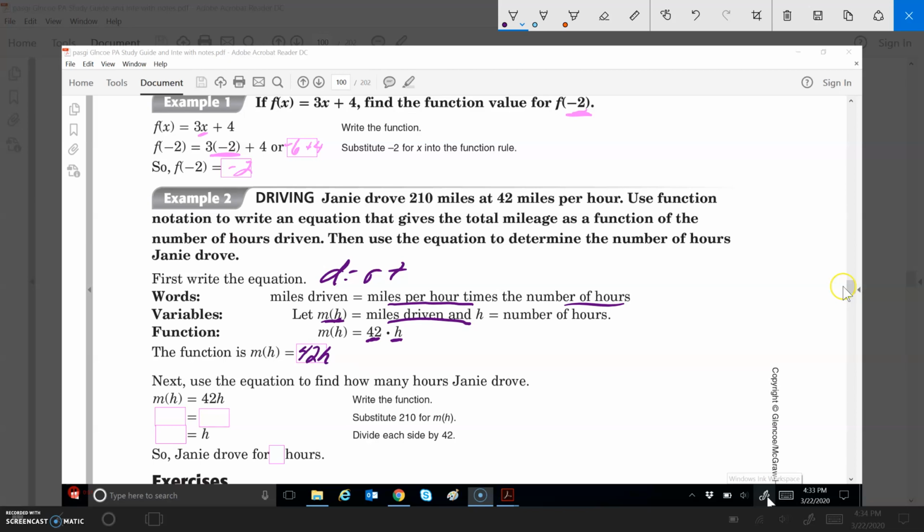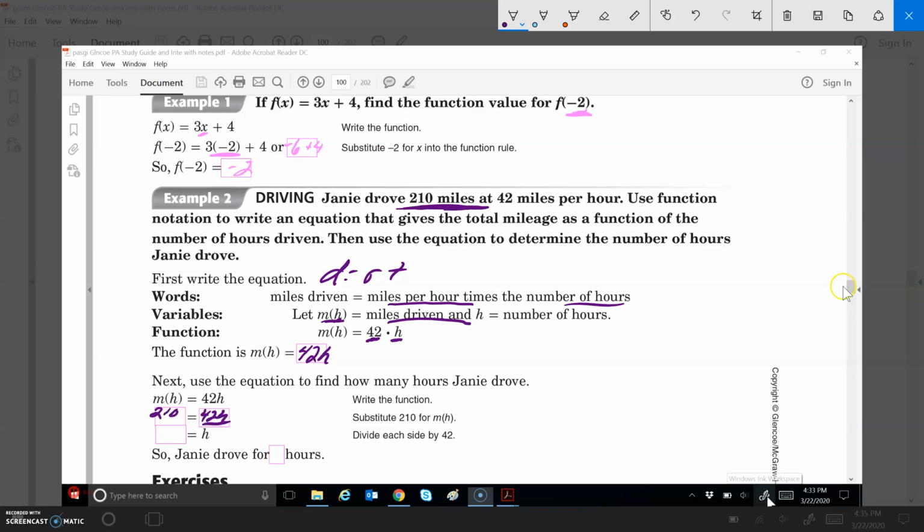Next, use the equation to find how many hours she drove. She drove 210 miles, so this is our distance, our miles, versus our hours.